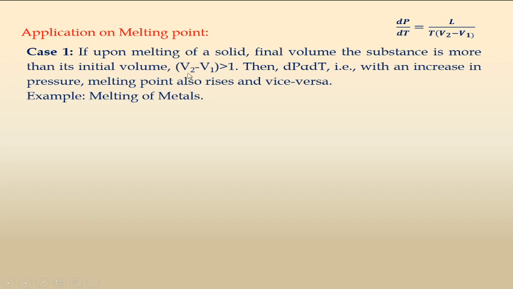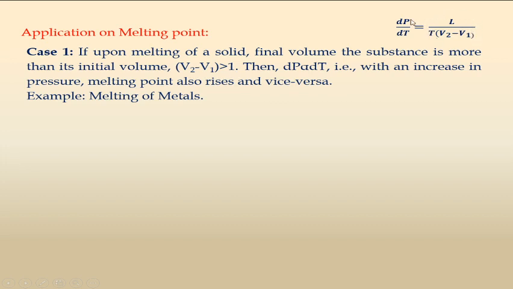V2 is the final volume, V1 is the initial volume. If V2 is greater than V1, then V2 minus V1 is positive. So then the whole right hand side is positive.